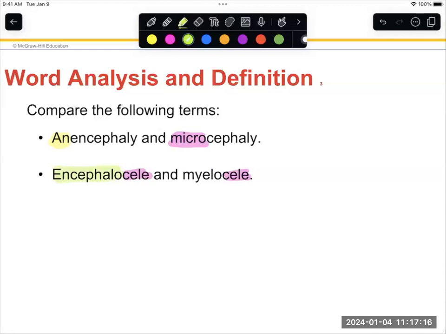So encephalocele is a congenital defect of the cranium with herniation of brain tissue, while myelocele contains the combining form myelo, or spinal cord. So myelocele is the protrusion of the spinal cord through a defect in the vertebral arch.